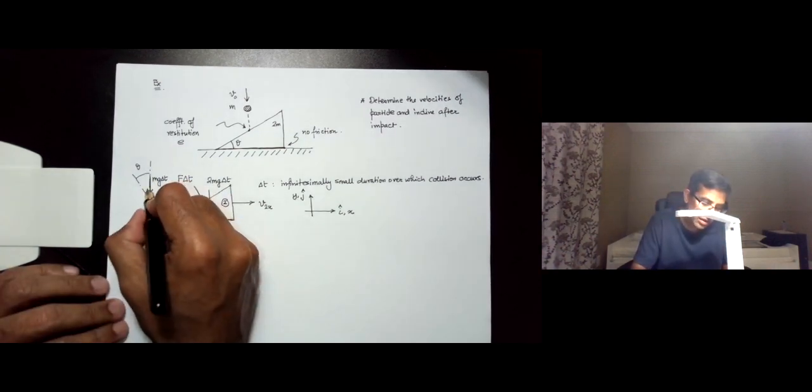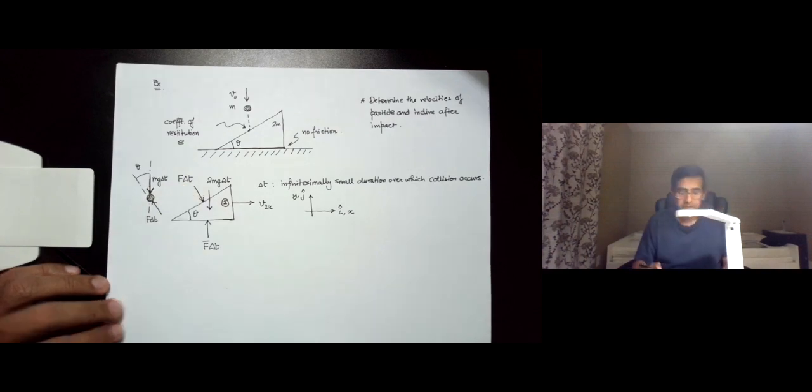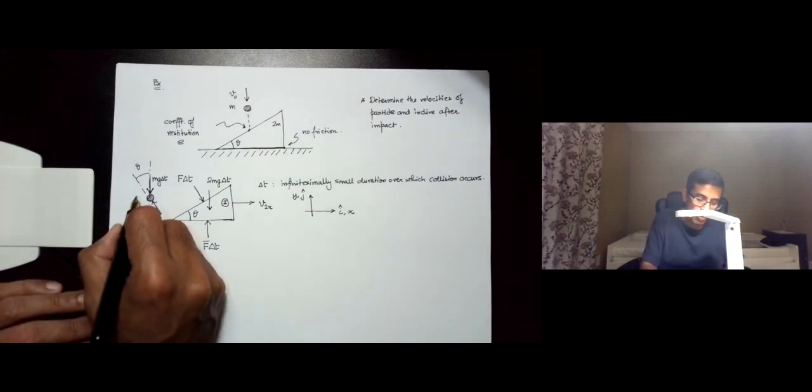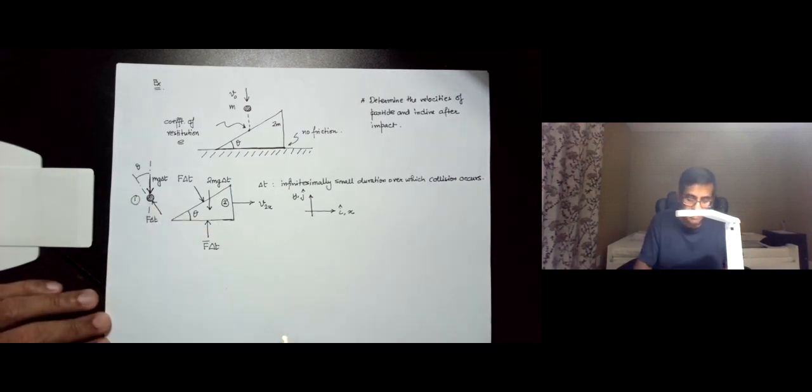So there are two impulses. This will make sure that we have covered all the forces and the associated impulses during the collision. So this is our object 1, and this is of mass m.